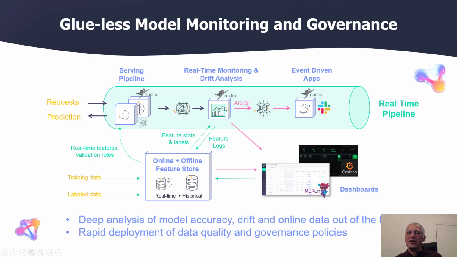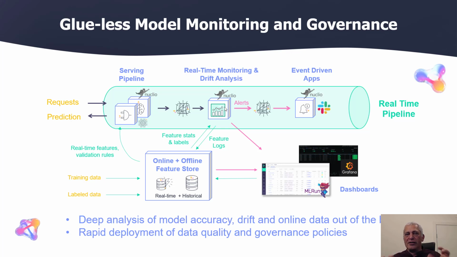Then you have another set of functions that listen on that stream, and they grab the statistical information about the features from the FeatureStore. They compare it with the real-time feature behavior, both the X and the Y factors. They can also get some labeled data from external sources of delayed data with some new results that can be used to measure the accuracy.